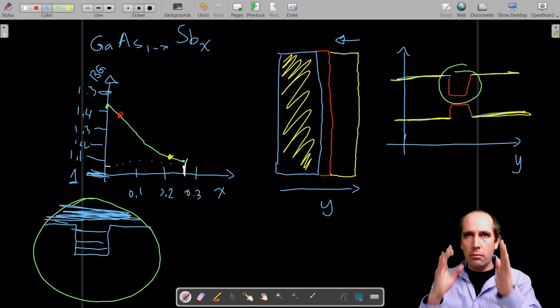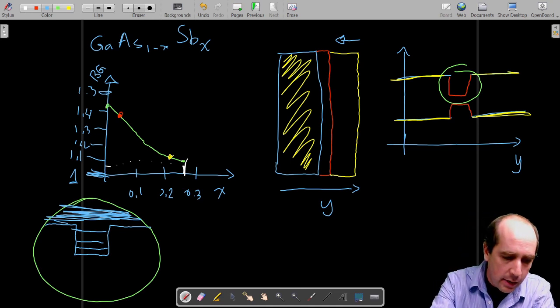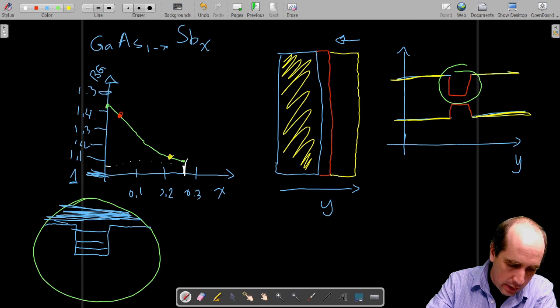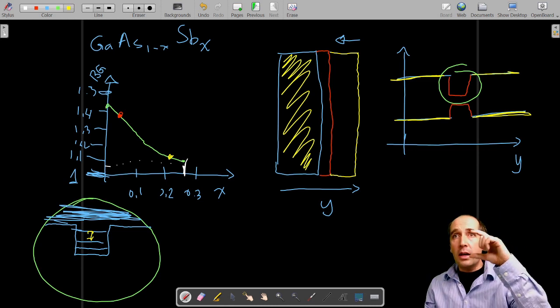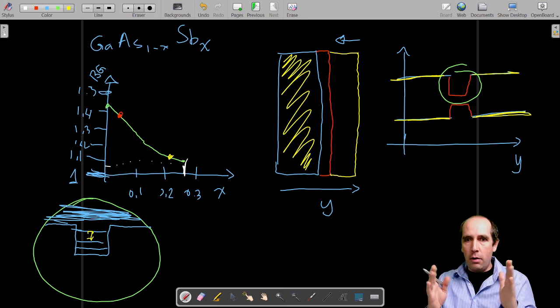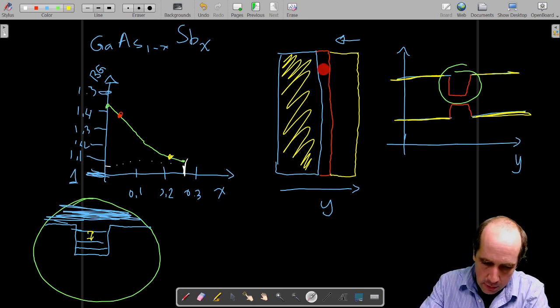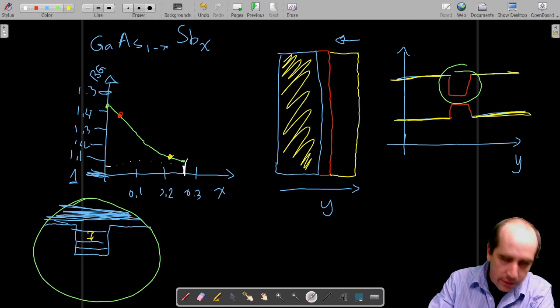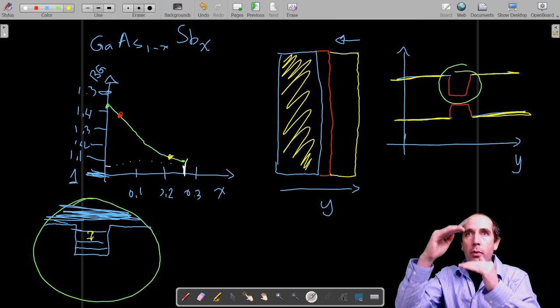So by choosing the size of the well, we can do quantum engineering, and we can decide the spacing between these levels. By just changing the thickness of this layer that we drew here, we can have control over where we put the quantum level.